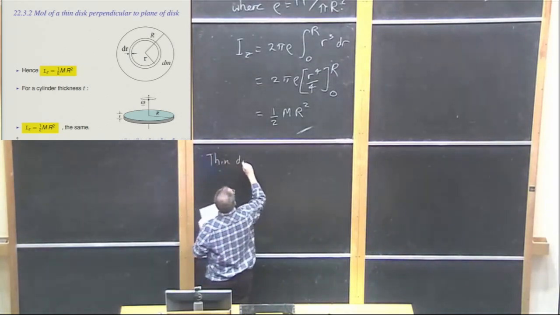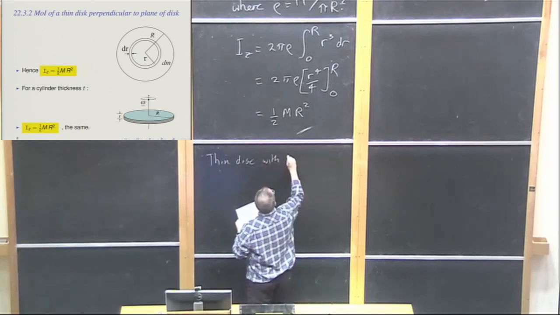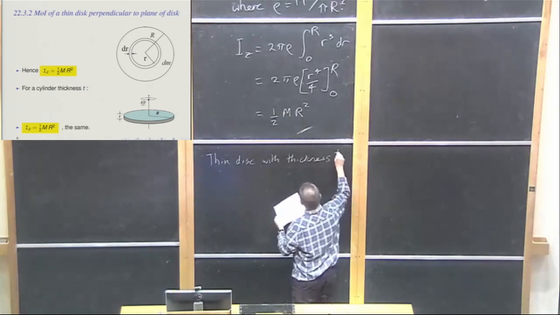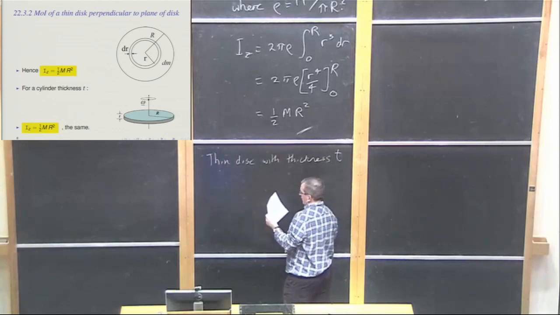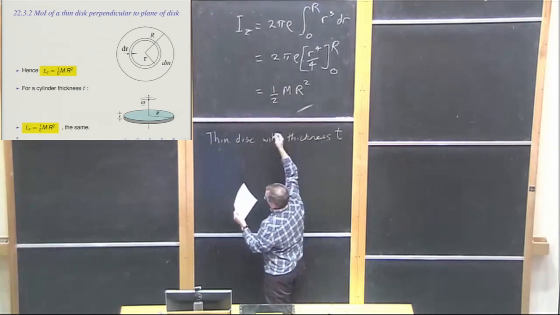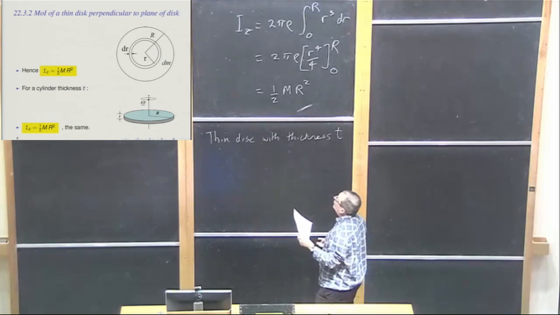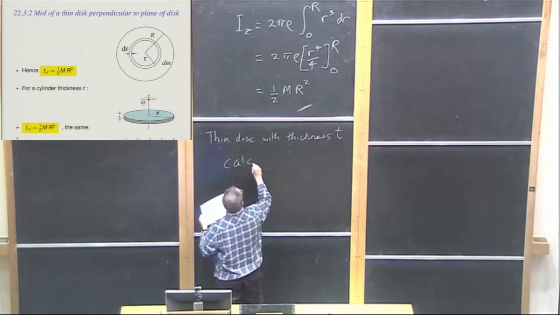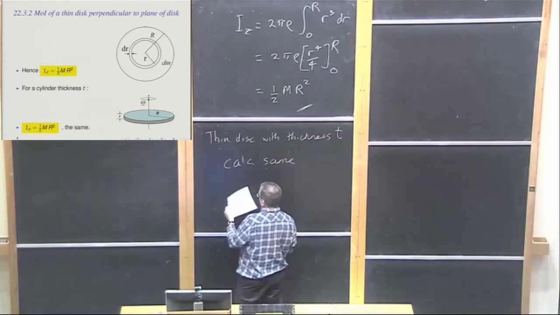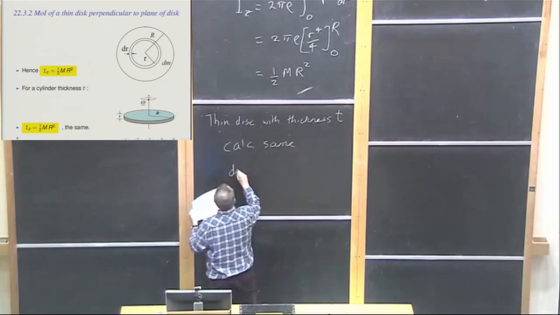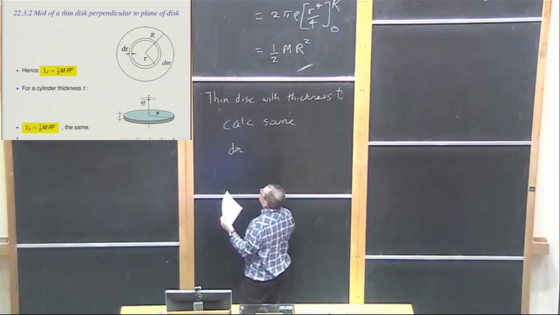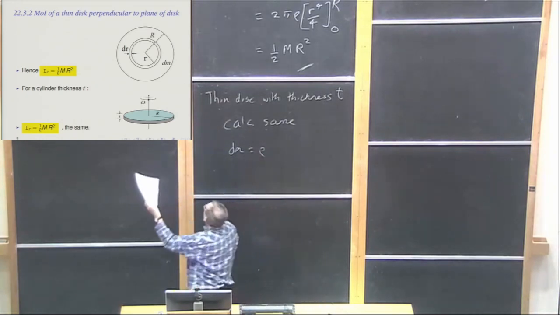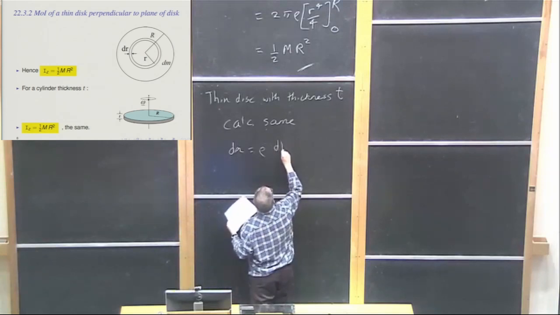So a thin disk with thickness, let's call it T. The calculation is the same, but dm in this case is going to be rho times the volume element, dV if you like.